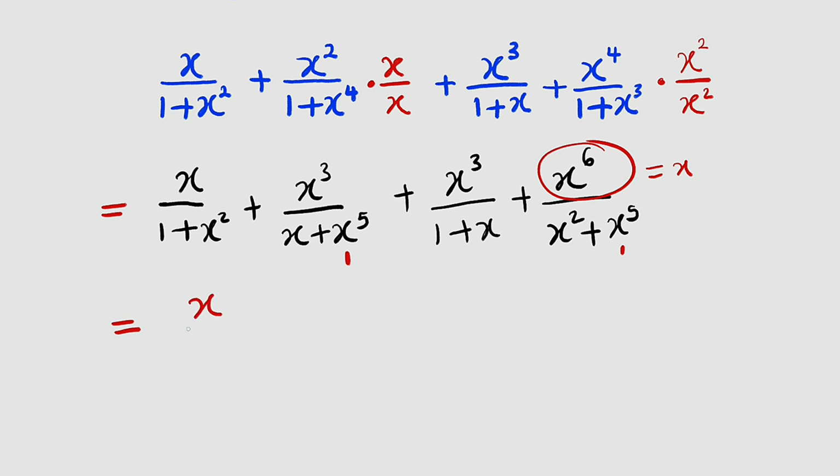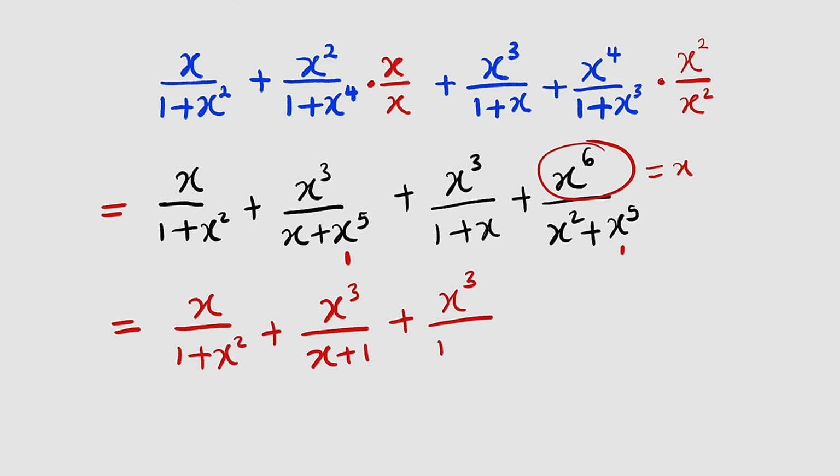Therefore, we have x divided by 1 plus x squared plus x to the power of 3 divided by x plus 1, then plus x to the power of 3 divided by 1 plus x, or x plus 1, is the same thing, then plus the last one, x divided by x squared plus 1.